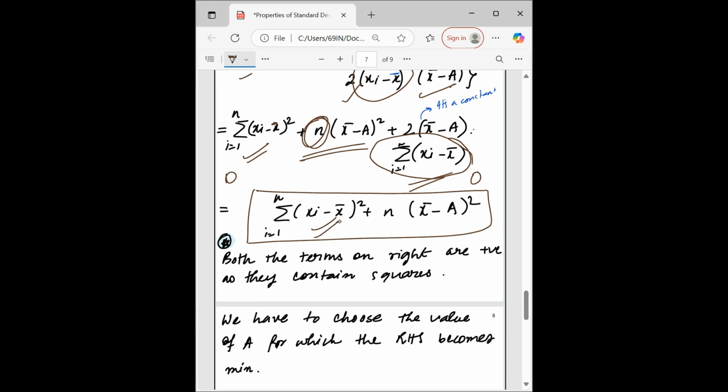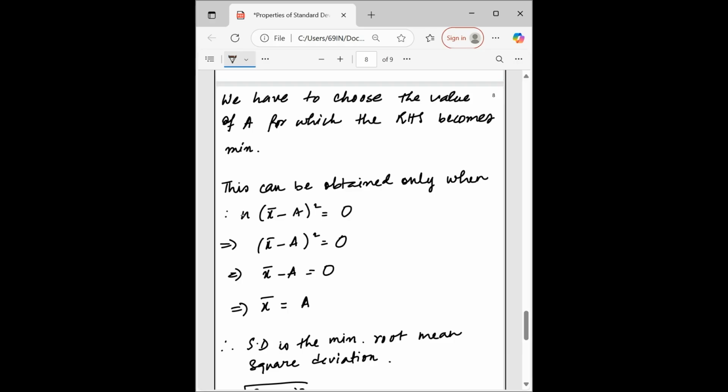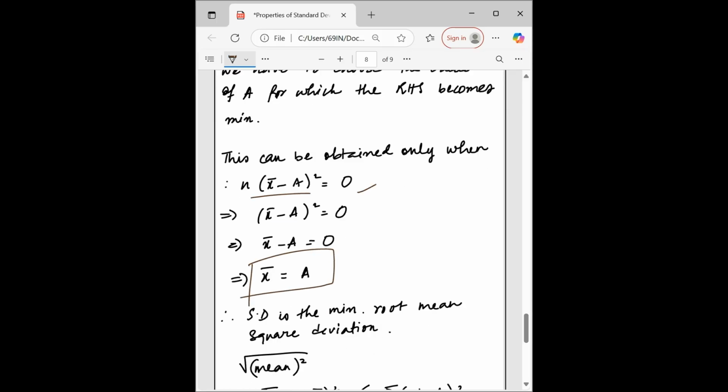This cross term is already 0, right? Both the terms on the right are positive as they contain squares. We have to choose the value of a for which the RHS becomes minimum. This can be obtained only when n into (x bar minus a) whole square is equal to 0, and therefore we prove that x bar should be a.